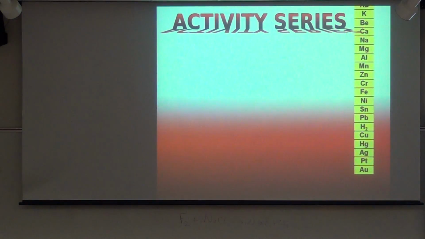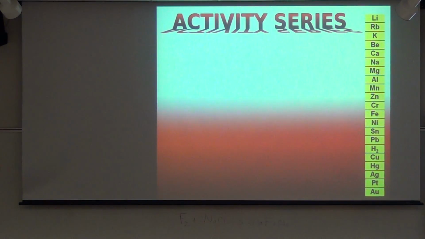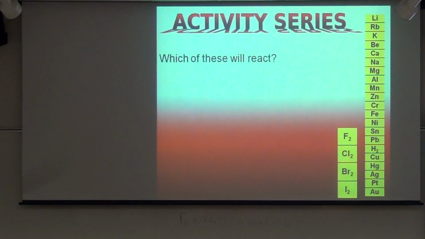Okay, let's look at the bottom of your activity series. In addition to all these metals, you've got halogens: fluorine, chlorine, bromine, and iodine. Same process. We don't always have to have metals replacing metals. It can be non-metals replacing non-metals.